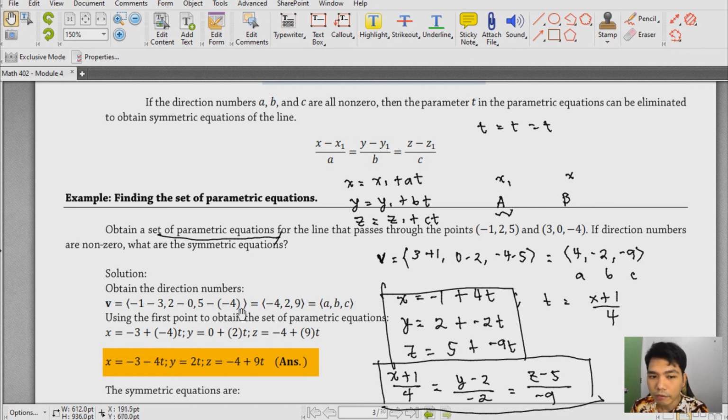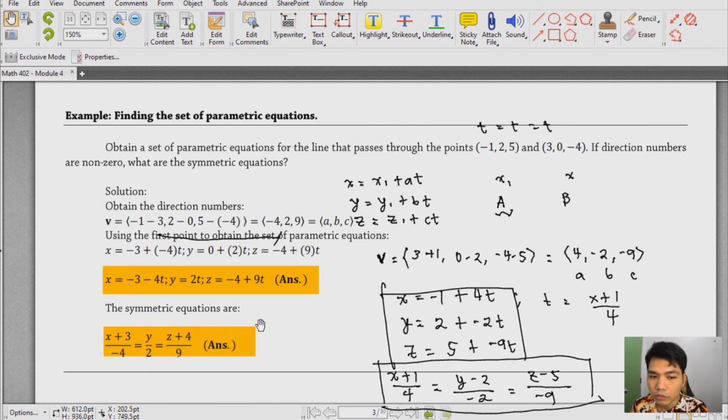Unlike this one na ang ni-reference natin is yung B. So therefore, for this case, yung values ng ating point B yung magiging reference natin. So, the ABCs have the same magnitude, absolute value nung kahit negative. But then again, the values of x sub 1, y sub 1, and then z sub 1 would be different kasi magkaiba tayo ng ginagawang reference point. So, these are the symmetric equations. It's either this one or that one. Basta, depende yun sa reference yun ng points.